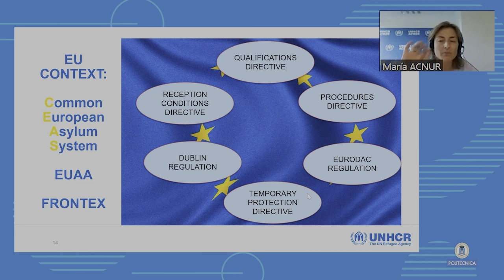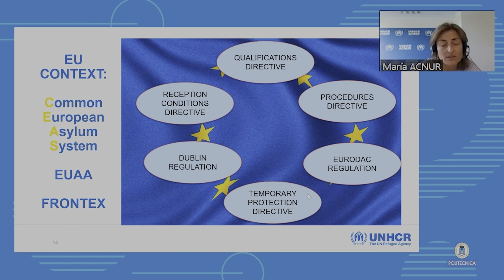A small comment on what these legal instruments are. We have four directives that are addressed to refugees and to how refugees are treated in all EU countries. First, the qualification directive.